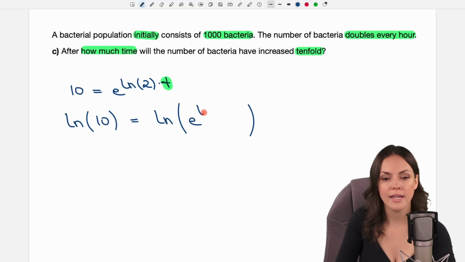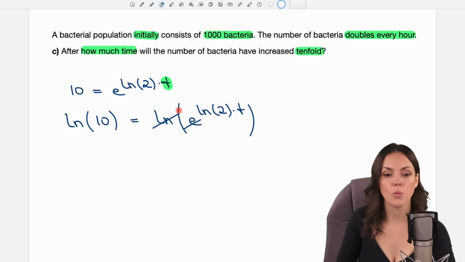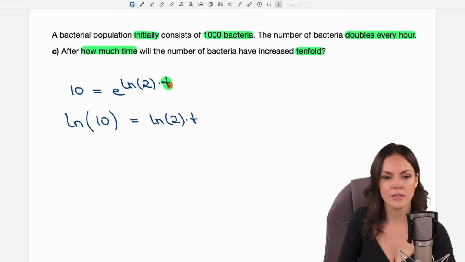So I have to write everything in here. So now on the right side, ln and this e cancel each other out, and only our exponent is going to be left on the right side. So I erase all of this. So this is what we had in the exponent is now here.